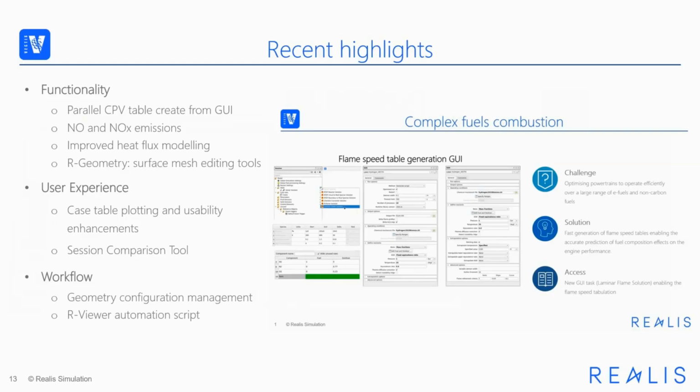We've added improved surface meshing tools, and we've added, for user experience, the very powerful session comparison tool. In summary, Vectis is continuously improving to help you address your most pressing engine challenges and to make it the world's best CFD toolchain for powertrains.